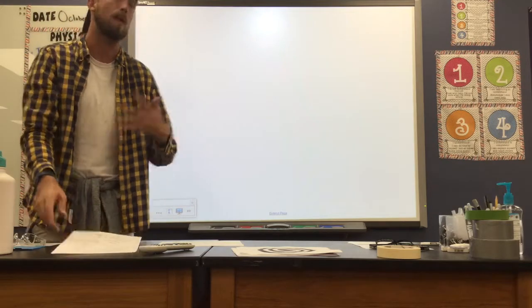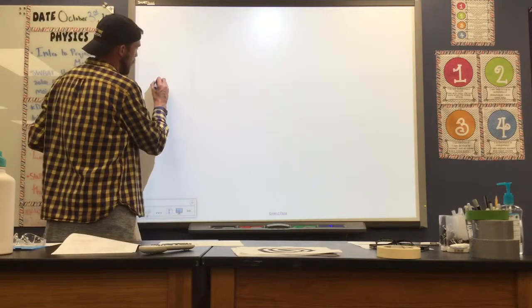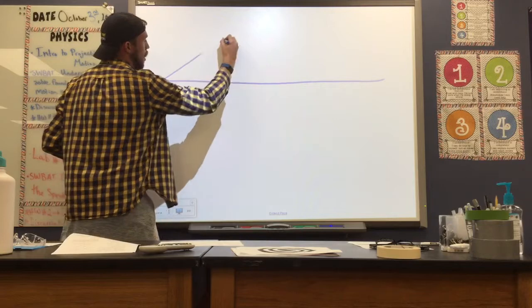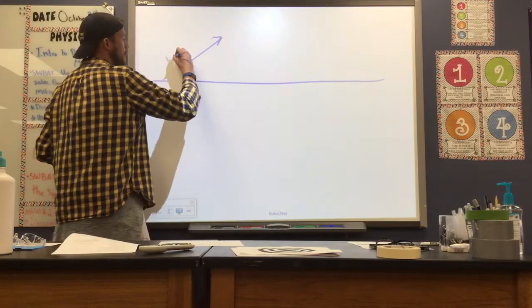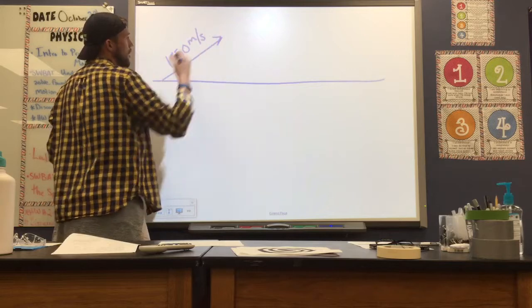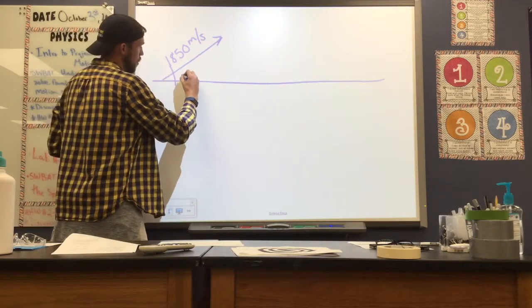So if you remember from problem 1, we're looking at the artillery shell that's being launched on level ground. So I'm on level ground and I'm launching an artillery shell. I was given a velocity of 1,850 meters per second at an angle of 30 degrees.